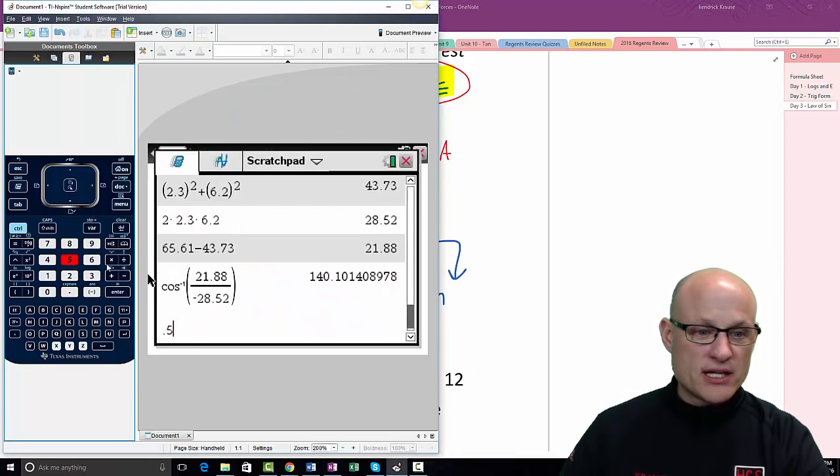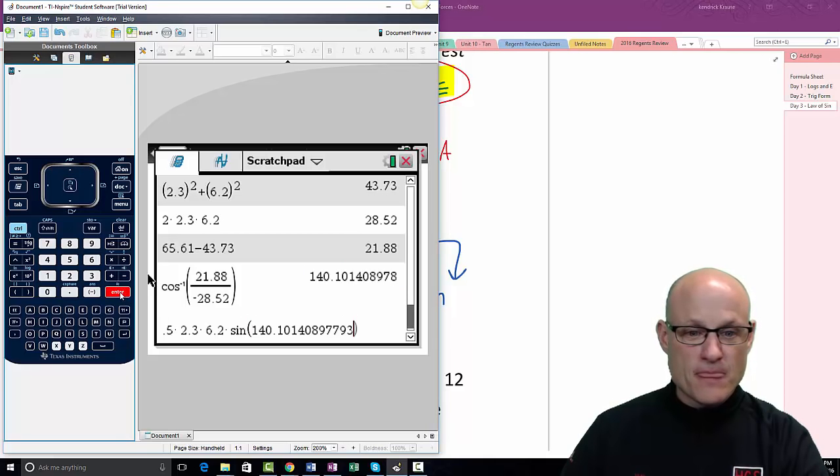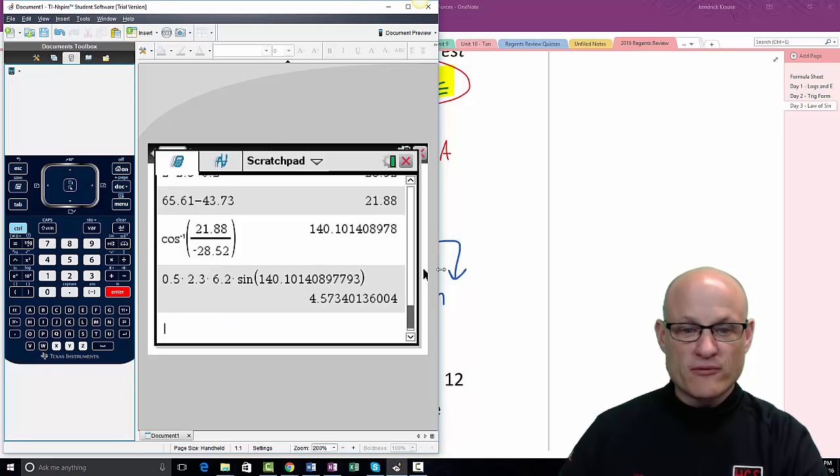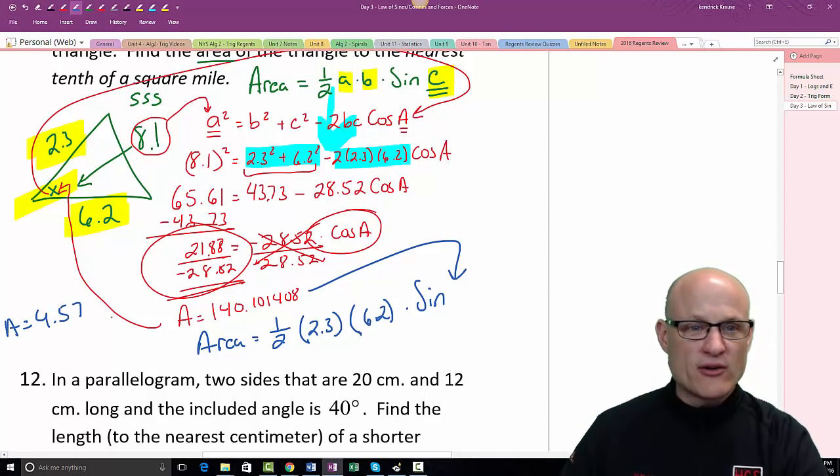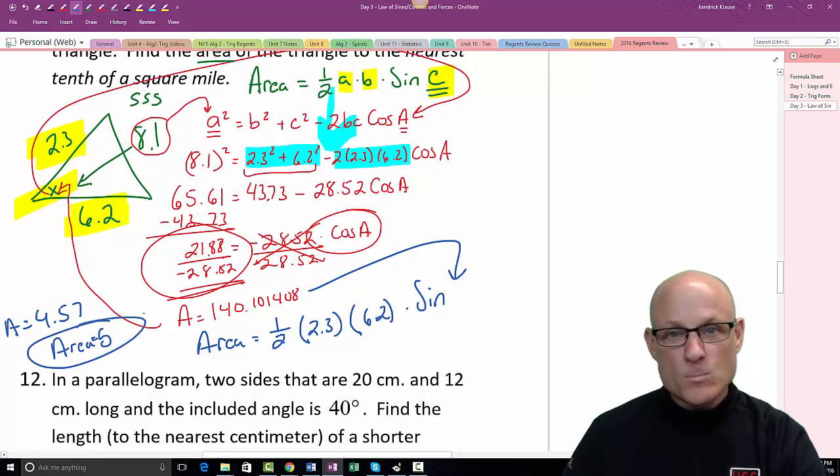And I get 4.57. So my area equals 4.57. This is rounded to the nearest square mile, so area equals 5. That's it.